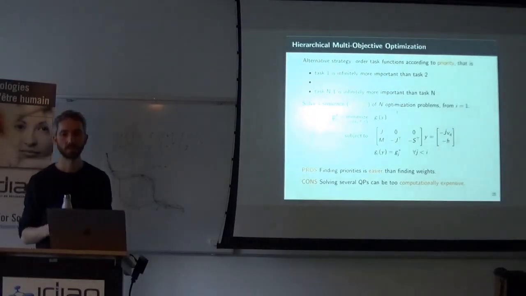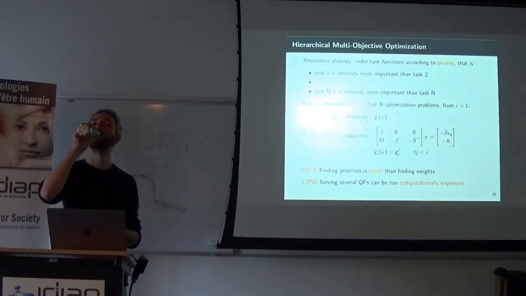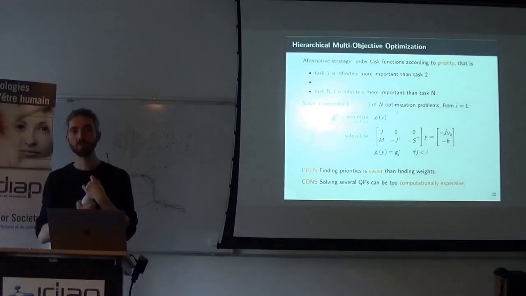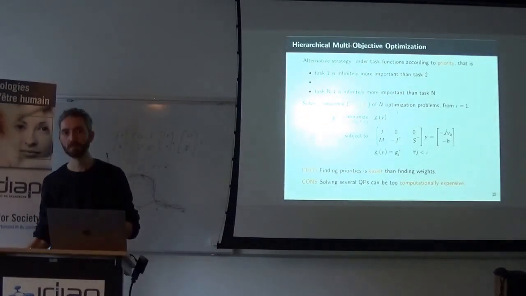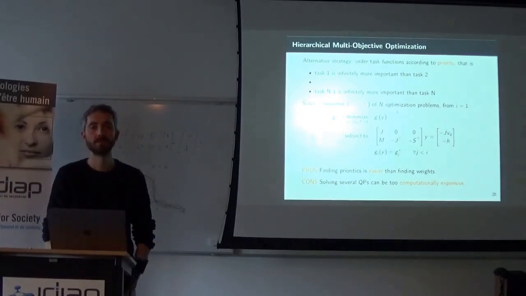Yes. How is the case handled when the problem is under-actuated and there are several solutions to one optimization problem? Maybe you solve the first problem and you find 5 solutions, but only one of them is going to be compatible with later problems. This is not taken into account in the hierarchy.